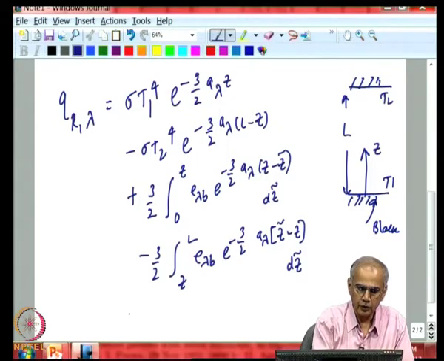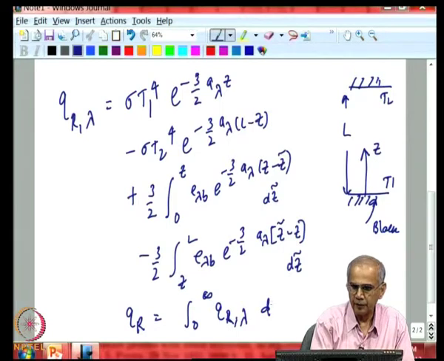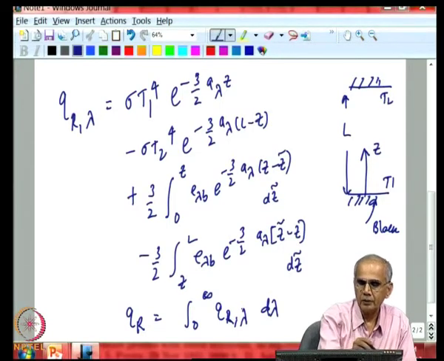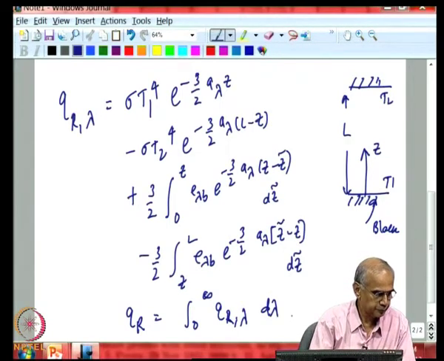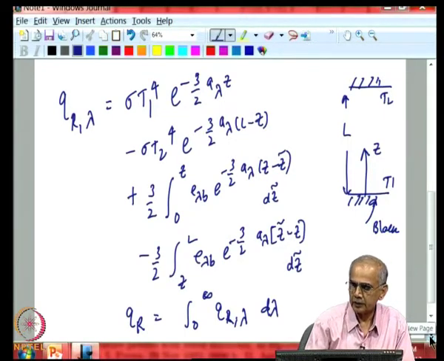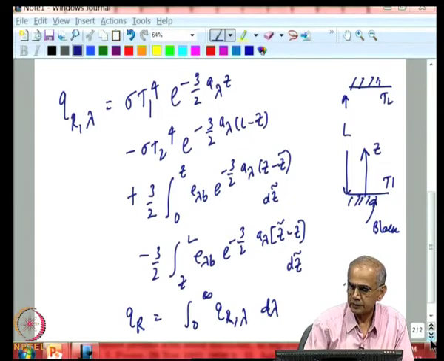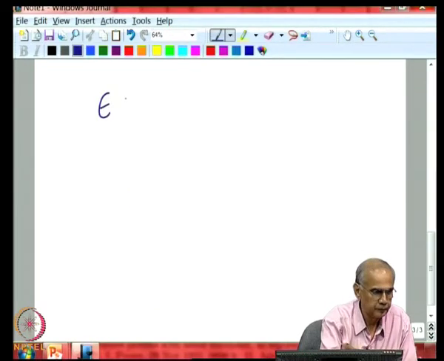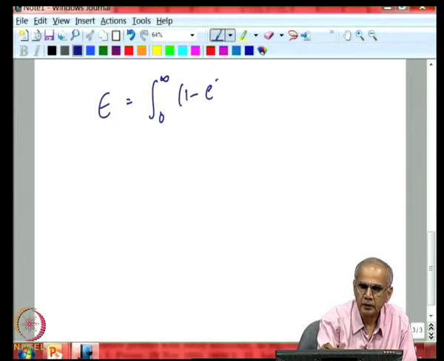Now, we want to convert this equation, which is in terms of a lambda, into one in terms of emissivity, because we want to ultimately calculate q r, which is nothing but the integral from 0 to infinity of q r lambda d lambda. So, we do the wavelength integration and we utilize the fact that the total emissivity of a gas epsilon is the integral from 0 to infinity of 1 minus e to the power of minus a lambda z, times E lambda b d lambda.